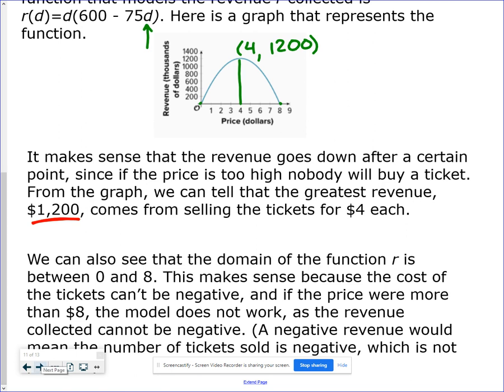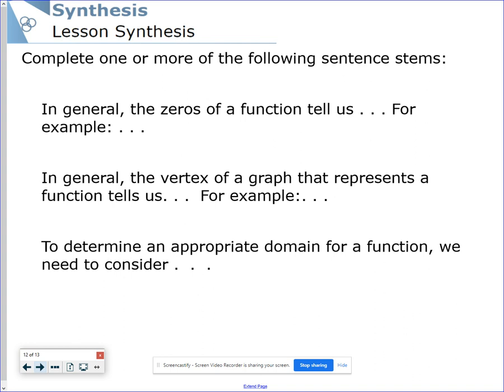All right, last thing then. Just in general, when we're talking about the zeros of a function, we're talking about basically the beginning and the ending of a situation that makes sense, right? So for example, what you would charge for those raffle tickets, or when something that's dropped would hit the ground, those are the zeros of a function. The vertex tells us the maximum or the minimum for whatever we have here.